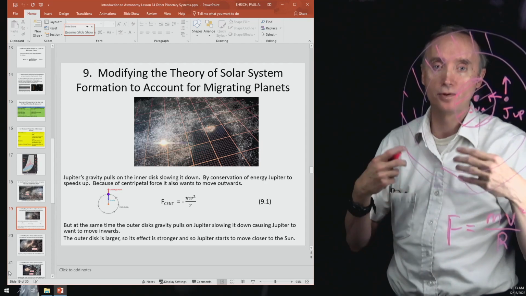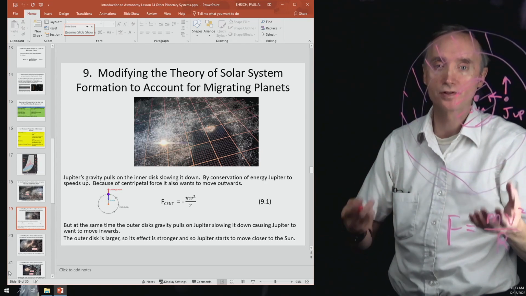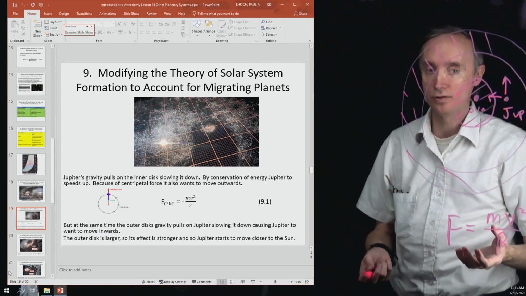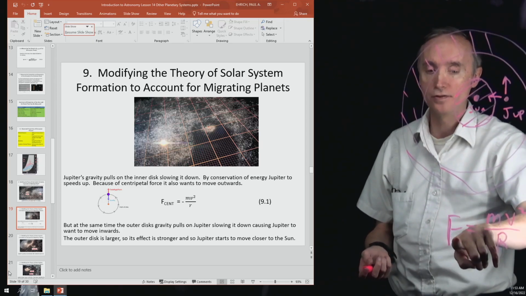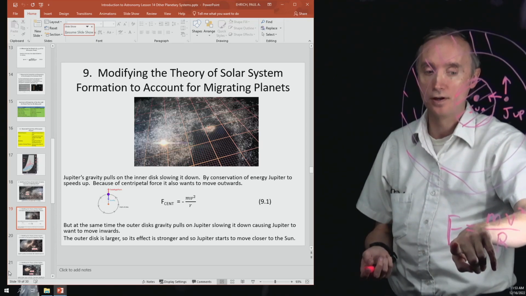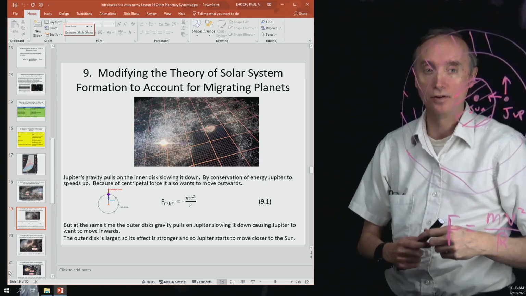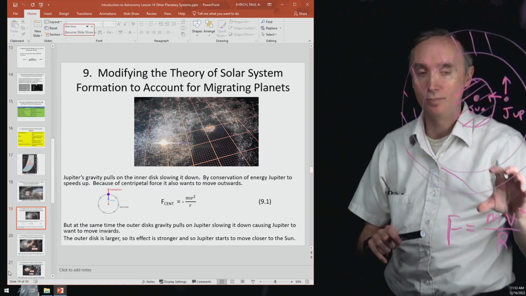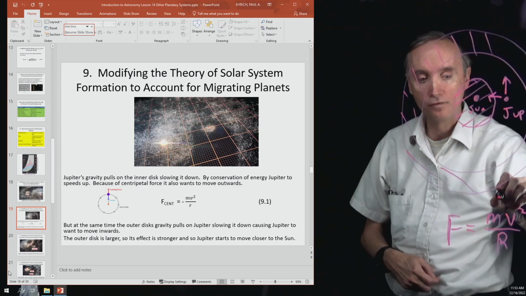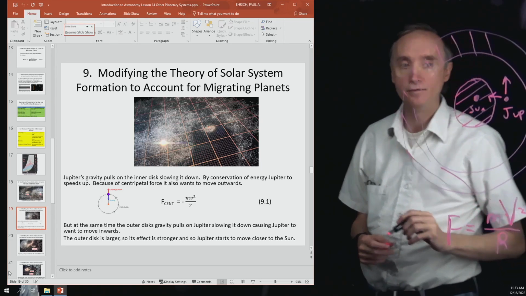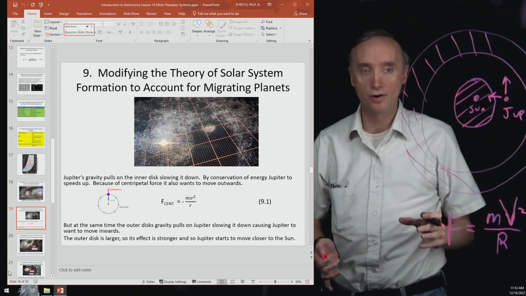And so the gravity of the sun is not going to be changing that much. So F is going to be pretty much constant. And we said that the velocity was getting bigger. So let's say that the velocity got very, very large.